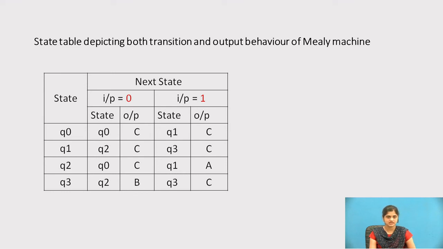So if input 0 is given to the state Q0, the state it is reaching is Q0 itself and the output is C. If 0 is given to Q1, it is reaching Q2, output is C. If 0 is given to Q2, it is reaching Q0, output is C. If 0 input is given to Q3, it is reaching Q2 and output is B. Same way for input 1, you can find out for states Q0, Q1, Q2, Q3, the state where it is transiting and the output at that point.